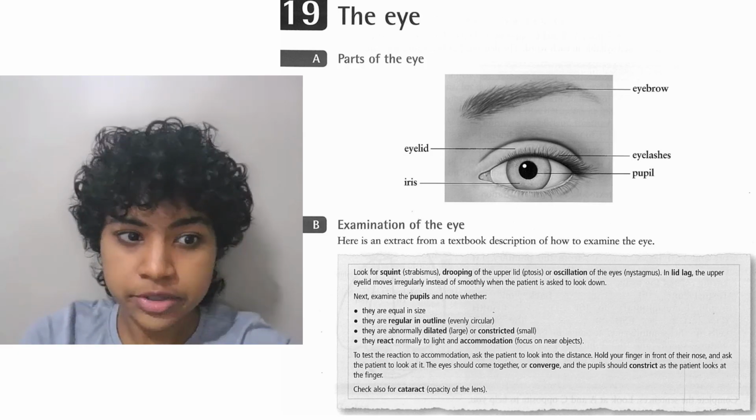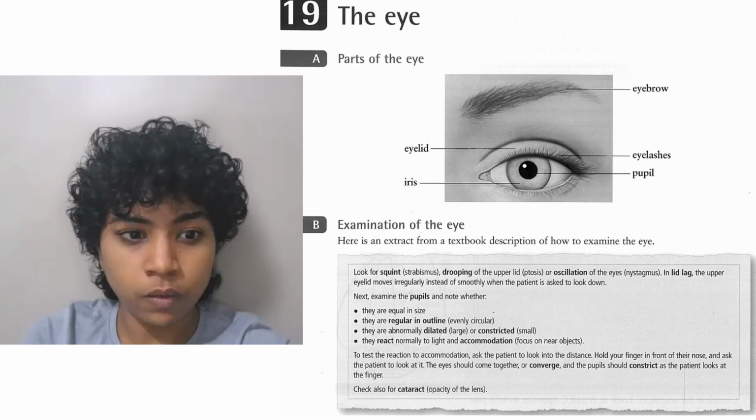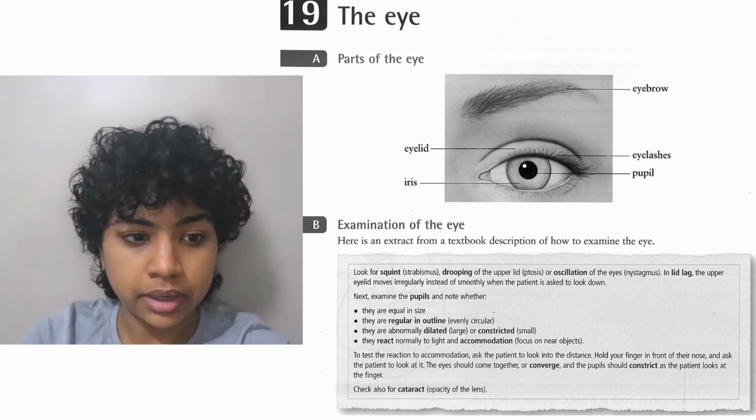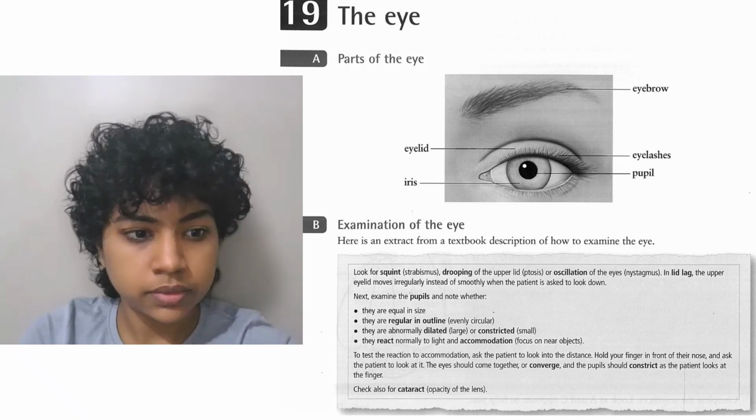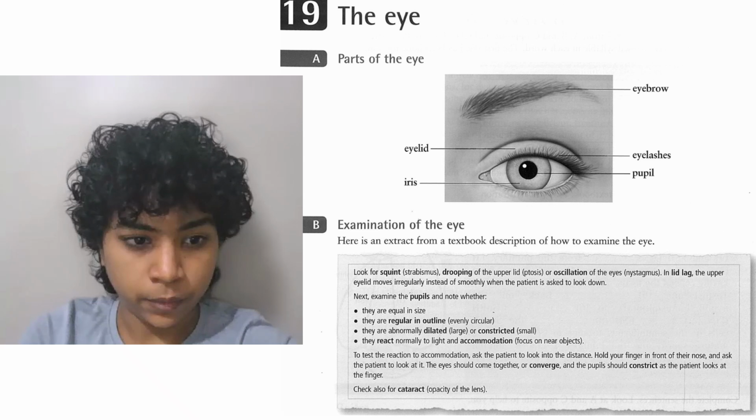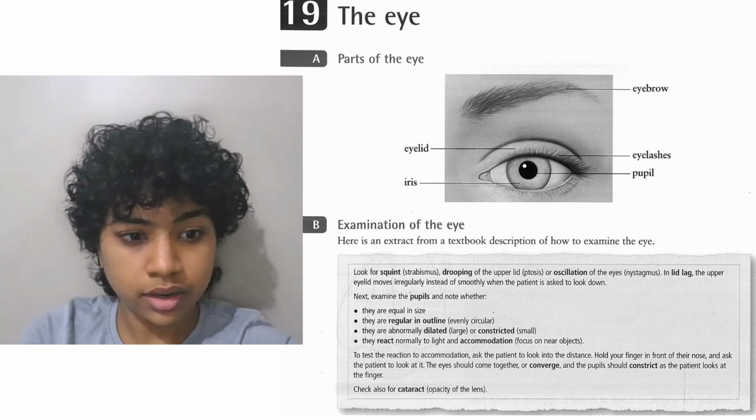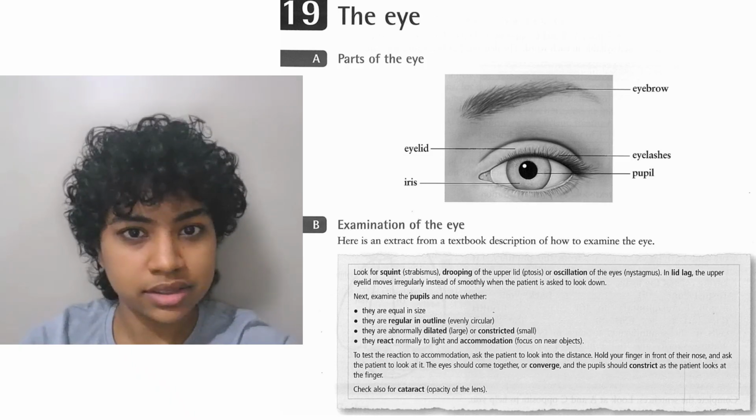The eyes should come together, or converge, and the pupils should constrict as the patient looks at the finger. Check also for cataract, opacity of the lens.